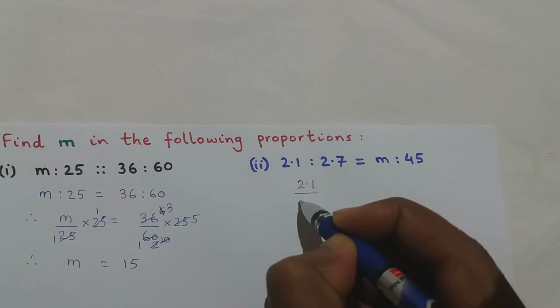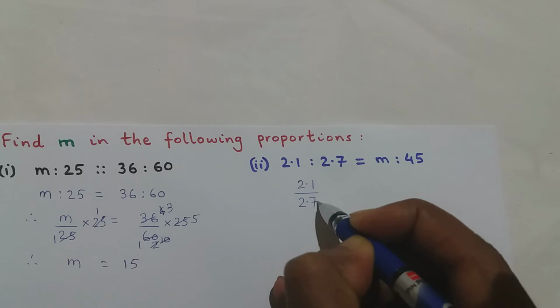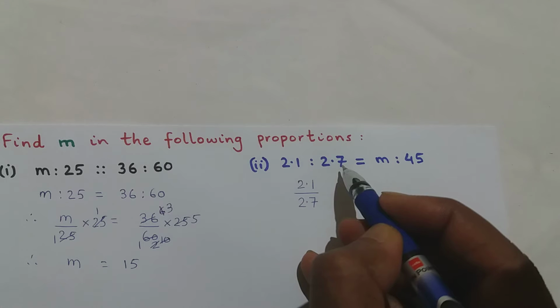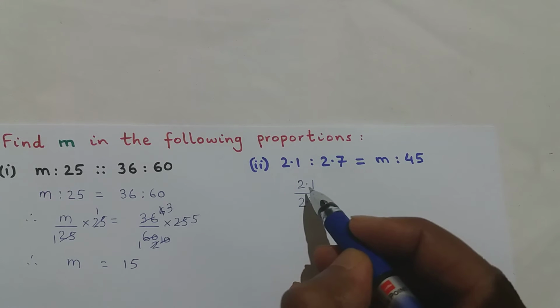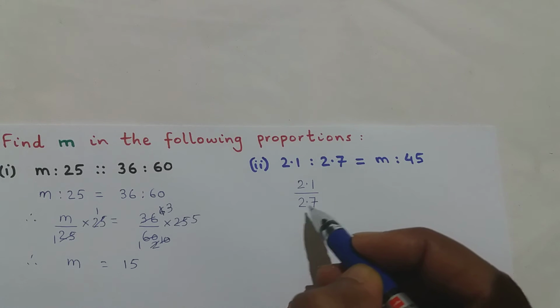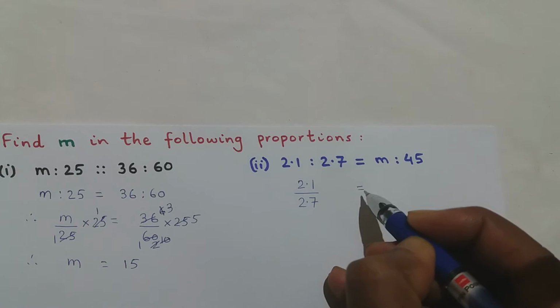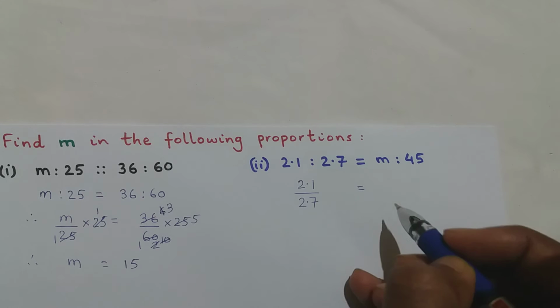So 2.1 is to 2.7 can be written as 2.1 upon 2.7. So that is equal to m is to 45.